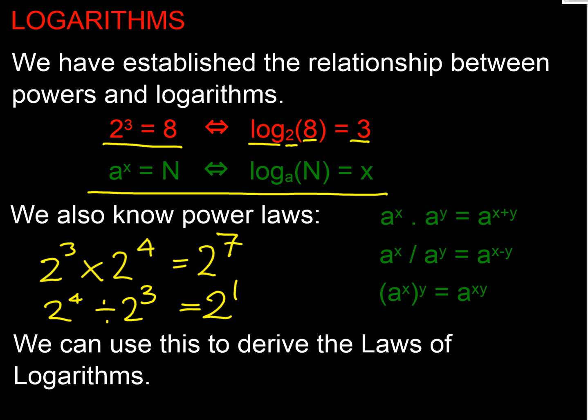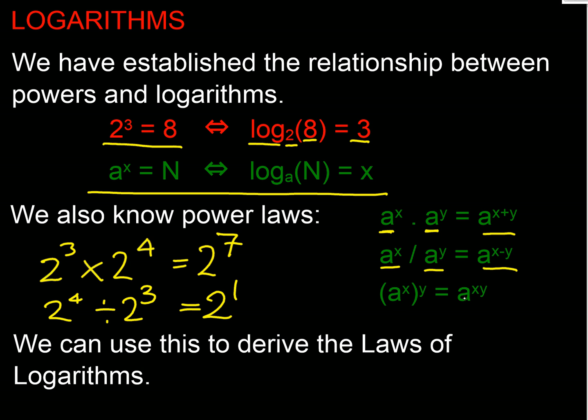So there we subtracted the powers, and I could write those here on the left. If our base is a, then a to the x times a to the y equals a to the x plus y, and a to the x divided by a to the y gives us a to the x minus y.